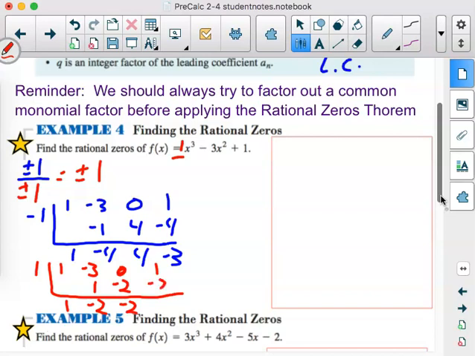Outside the box is multiply, inside is add. And those were our two possibles. But they didn't work. We didn't get a 0 in that last position. So that would tell us this one must not have any rational zeros.